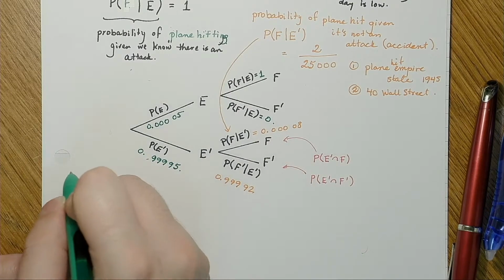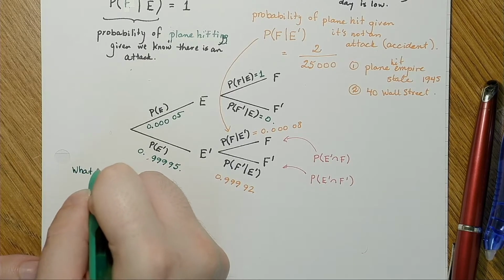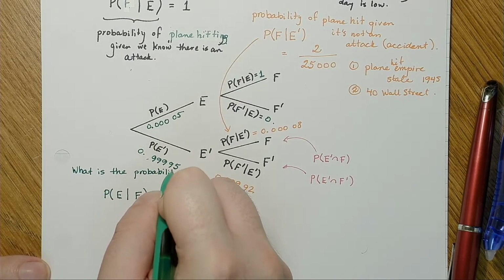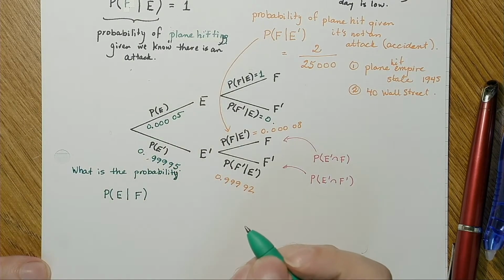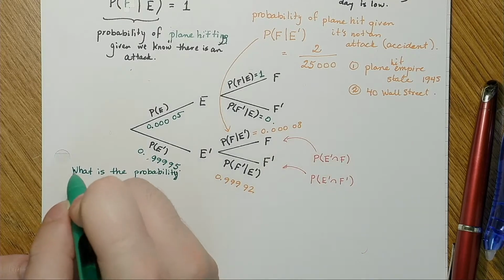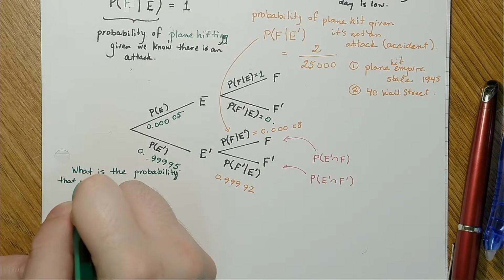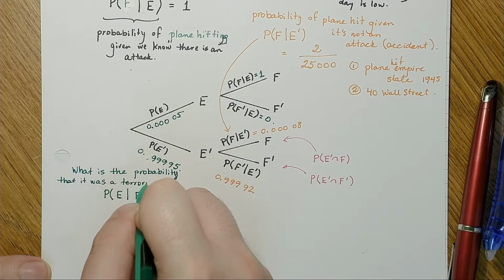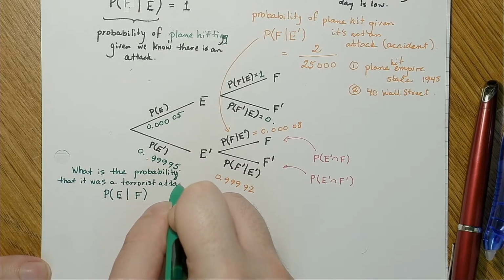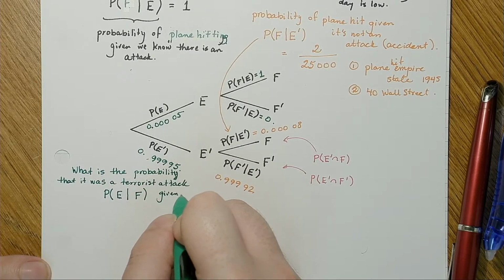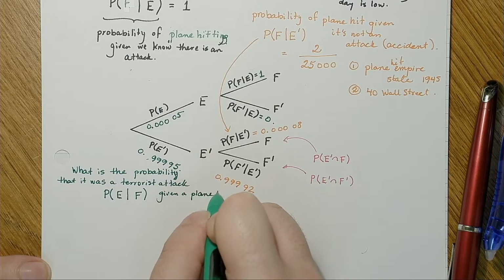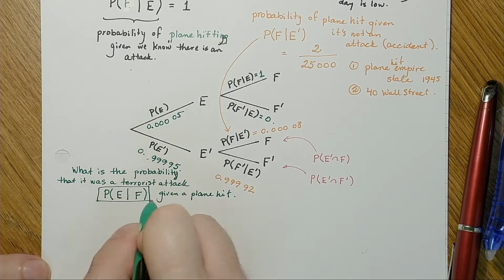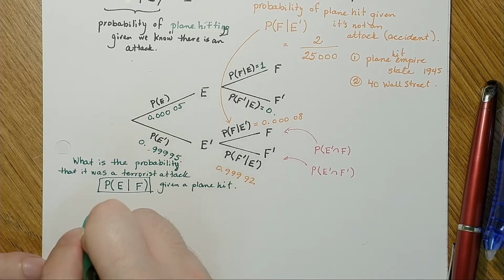So what this is saying is, what is the probability that it was a terrorist attack given a plane hit? And that's what this means. And so we can calculate that. So let's do it.